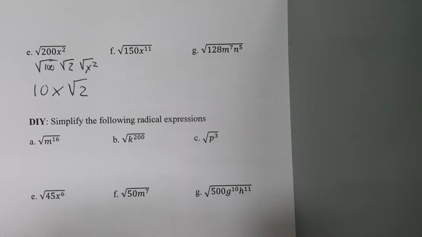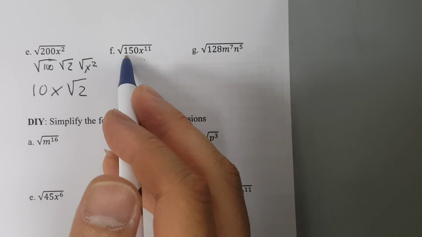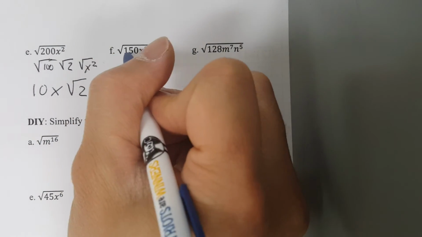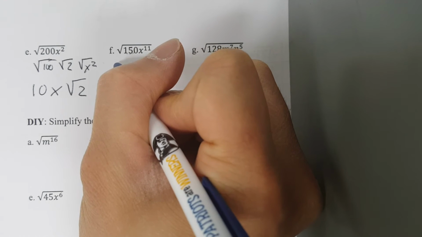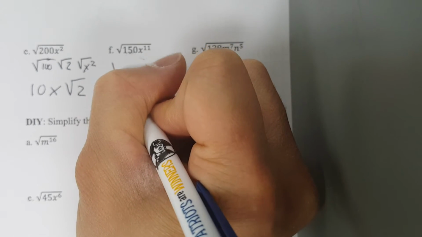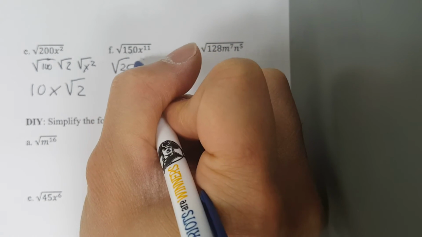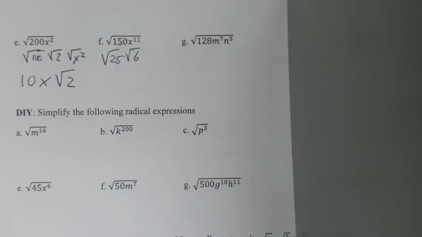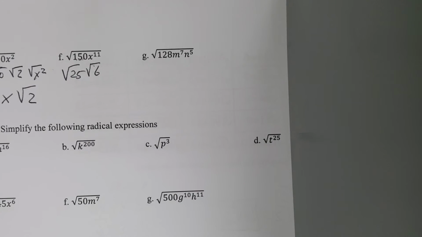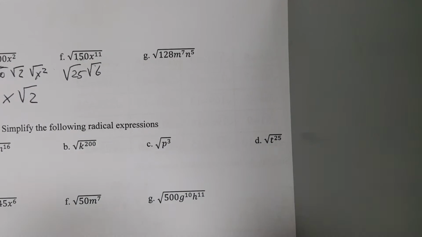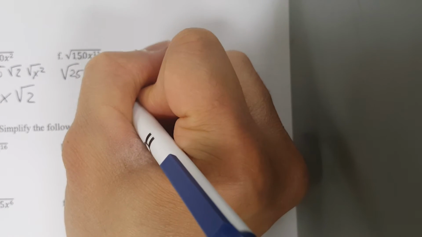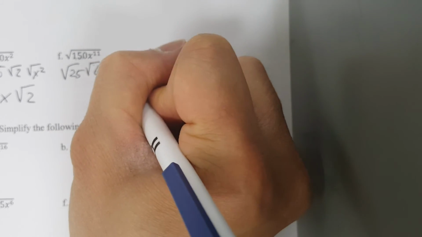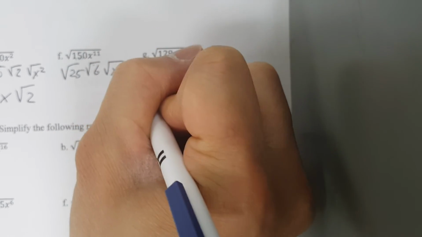So let's look at the square root of 150 x to the 11th. I'm going to break up 150. The biggest perfect square that goes into 150 is 25. 25 times 6 is 150. And now I have x to the 11th. X to the 11th is not an even power, so we're going to break it up into x to the 10th and the square root of x.